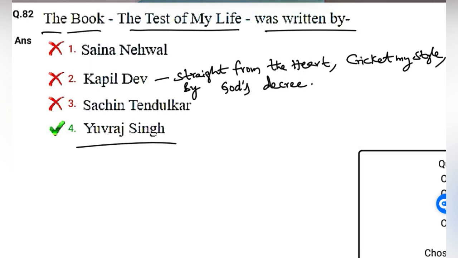And Sachin Tendulkar wrote a book called Playing It My Way. And Yuvraj Singh wrote the book The Test of My Life.